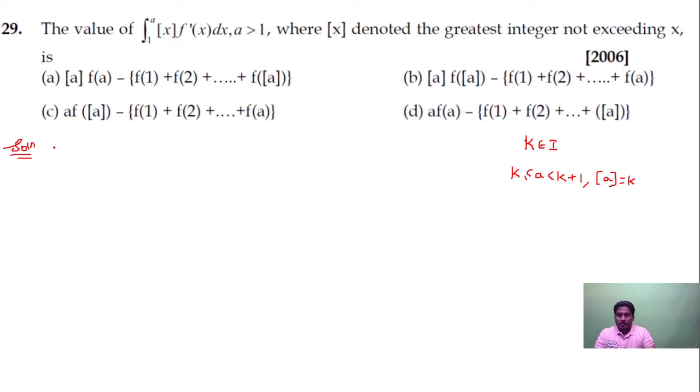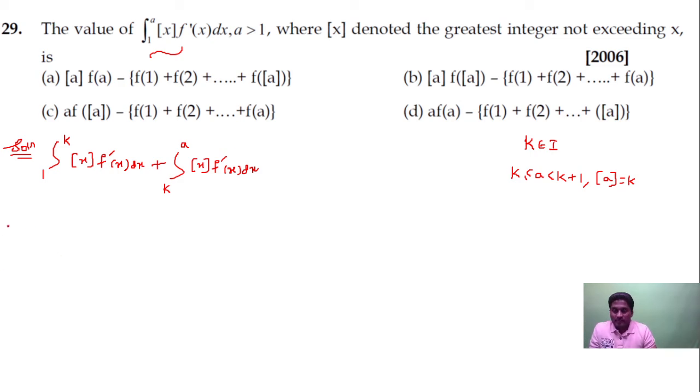Now I can write integral 1 to a of floor x f dash of x dx as integral 1 to k of floor x f dash of x dx plus integral k to a of floor x f dash of x dx. So I am writing 1 to a as 1 to k and k to a.